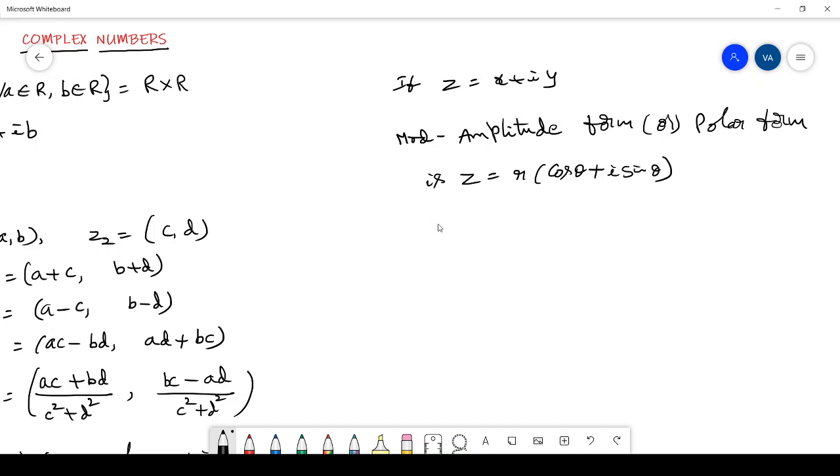Here r is the modulus of z, that is square root of x square plus y square. Cos theta is x by r, sin theta is y by r.